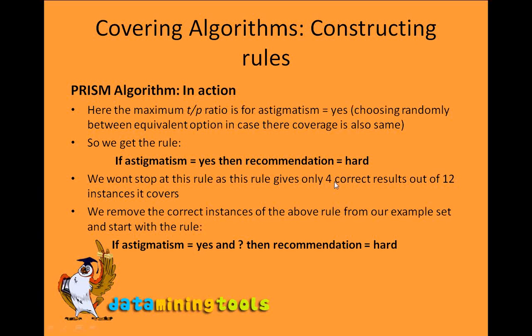We remove those from our instance set, and we modify our rule to this form: if astigmatism equal to yes, and one more condition, then recommendation equal to hard. Now we are going to repeat the whole process again, but as we have just told, we have removed the 4 correct instances from our instance set.